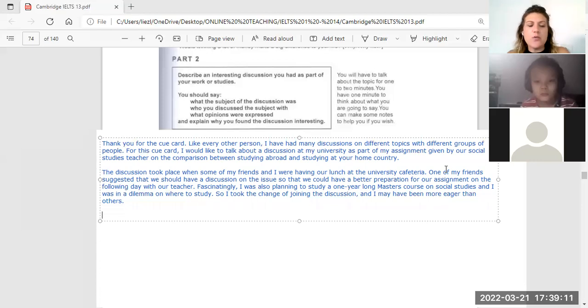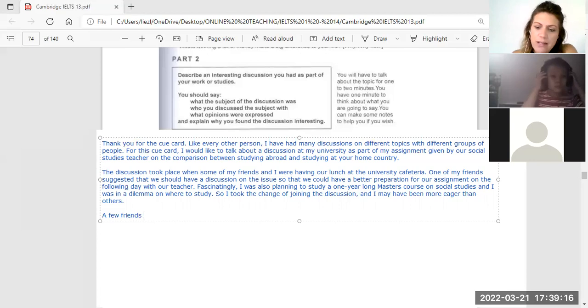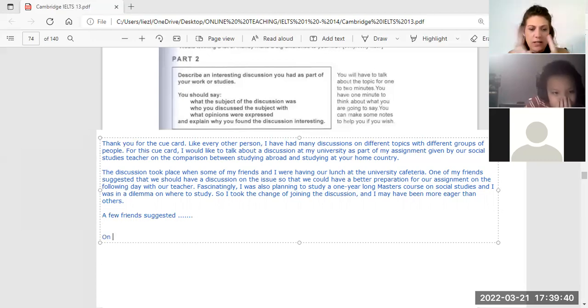Now, you're going to say the opinions. A few friends and what they said, and on the contrary, most of the friends also said this. And then in the end, all of us came to the agreement that studying in a foreign developed country is better. Now you can say here your reasons. A few friends suggest that you must go abroad, or your reasons there. Your second one, these are the two opinions fighting against each other, almost like a debate.